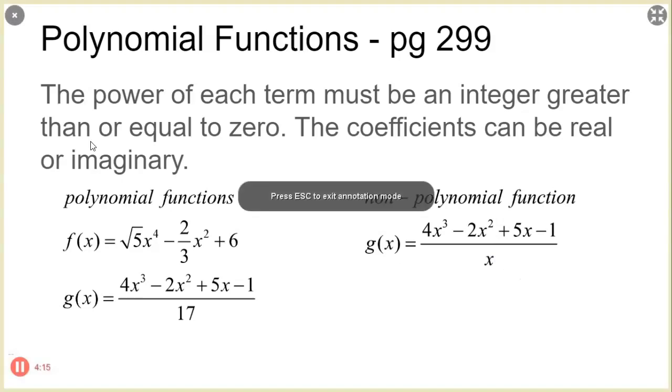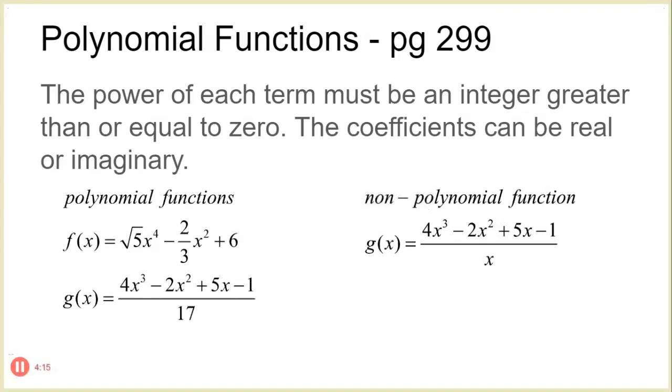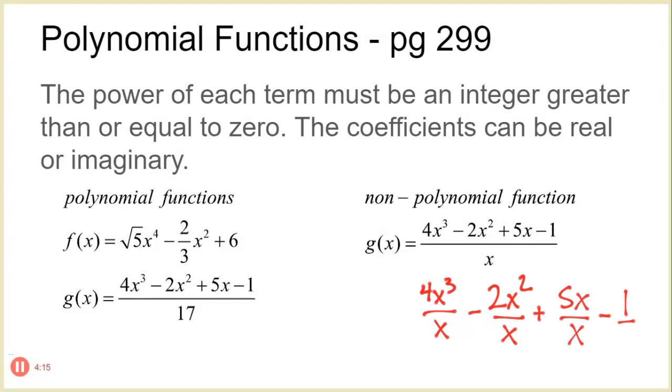If I were to simplify this, this is the same as 4x cubed divided by x, and then 2x squared divided by x, 5x divided by x, and then minus 1 divided by x. Well, I can simplify that further. This would be 4x squared minus 2x plus 5, and then finally minus x to the negative first power.